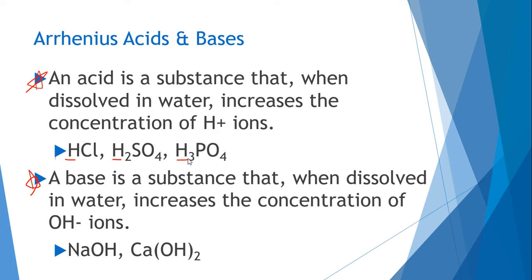A base, on the other hand, was described as whenever it's dissolved in water, it increases our hydroxide concentration, or OH. So our OH, remember, that's hydroxide. Things like sodium hydroxide and calcium hydroxide are going to increase this. So oftentimes people associate bases having an OH in them.